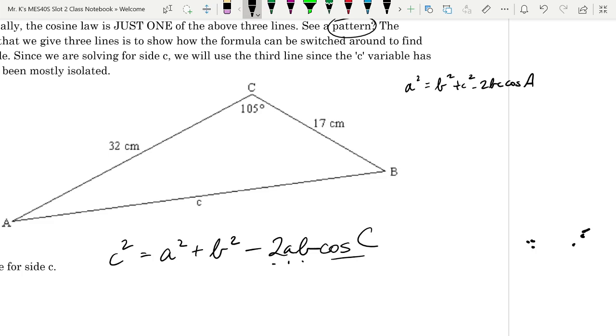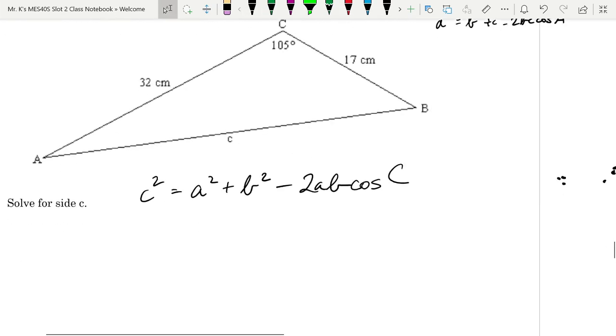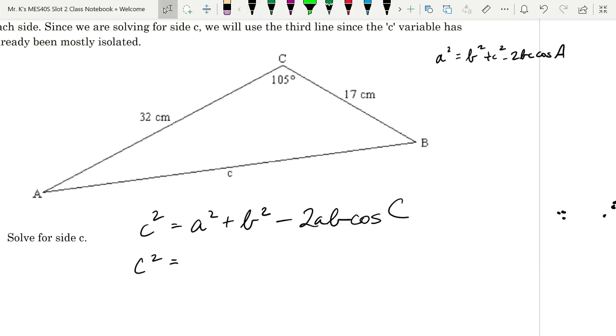This is where we're really going to give our scientific calculators a workout. Let's put in the numbers now and figure out what we're doing. So c squared is equal to, okay, we have to relabel this diagram. Which one's a again? A is the 17. Which one's b again? B is the 32. Minus 2. Now, I don't like to use x's for multiplies, so I have two options.